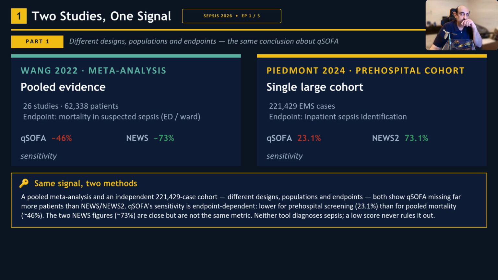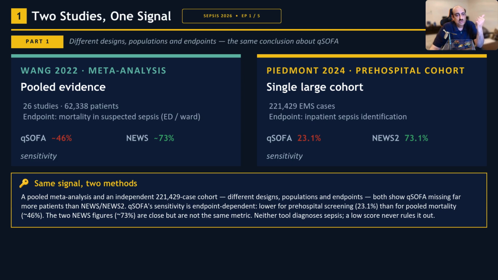On the right side, we have Piedmont 2024, published in the year 2024. We've just discussed it previously. A retrospective single cohort of 221,000 plus patients. Pre-hospital cases, EMS related, with a completely different endpoint. It was to identify who turns out to have sepsis using different screening tools.